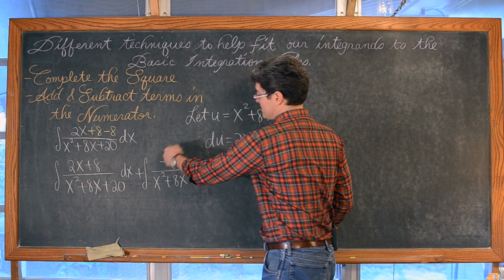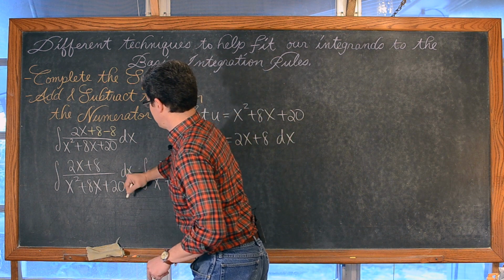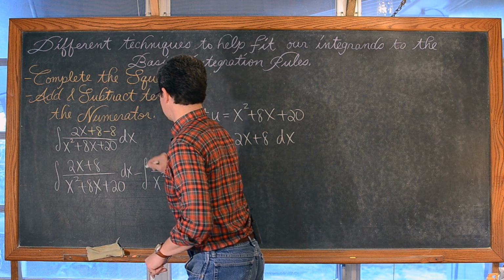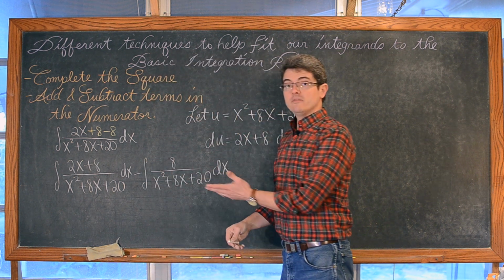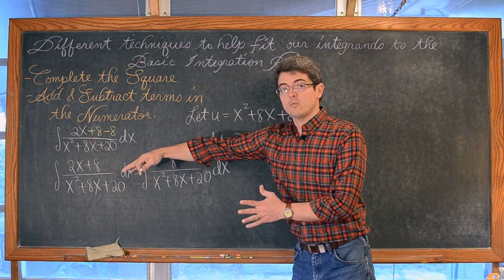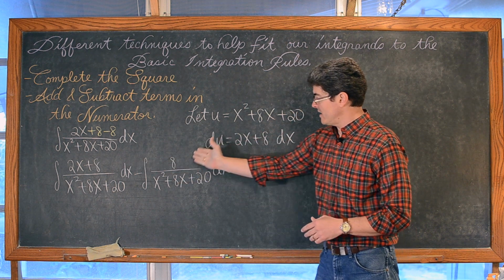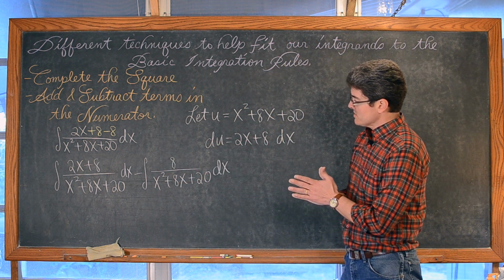Or I could bring that negative out and write minus with a positive 8. And I might even eventually want to take the 8 all the way out in front of our integral symbol.